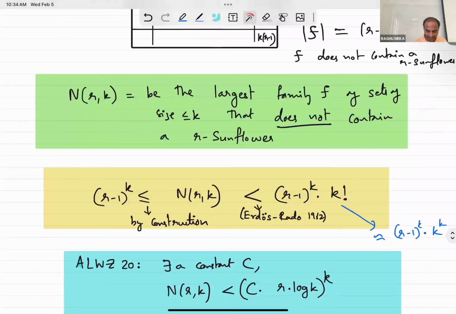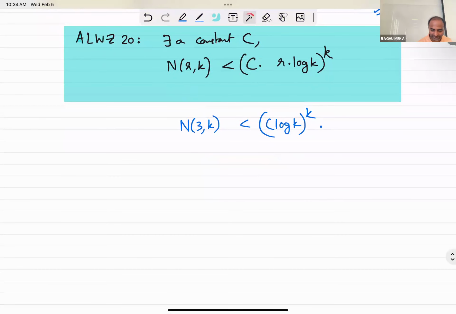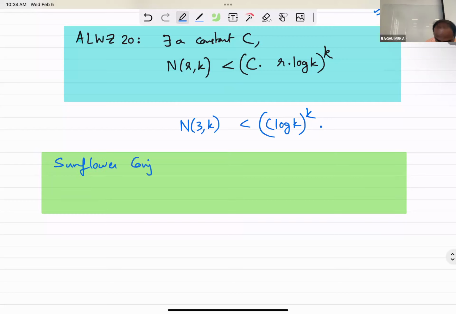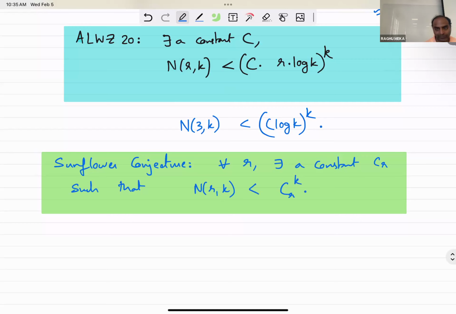And I should say that in the same paper that defined the sunflower lemma, there is the sunflower conjecture: for every r, there exists a constant c_r such that, as long as I have c_r^k many sets, you will find a sunflower of size r.